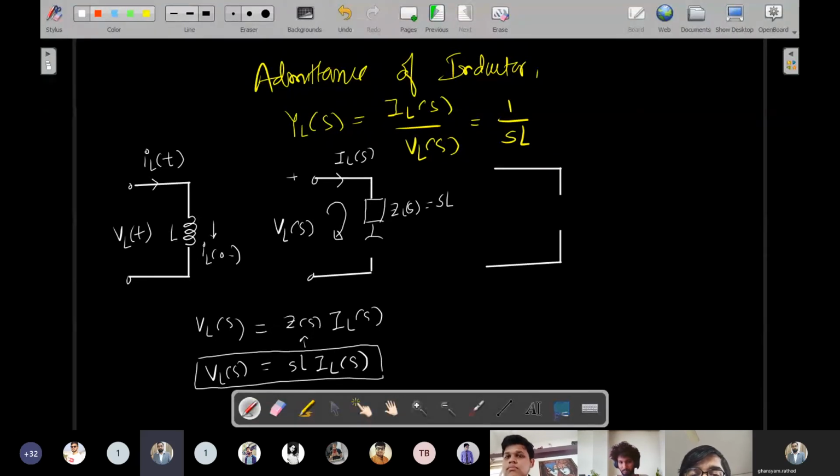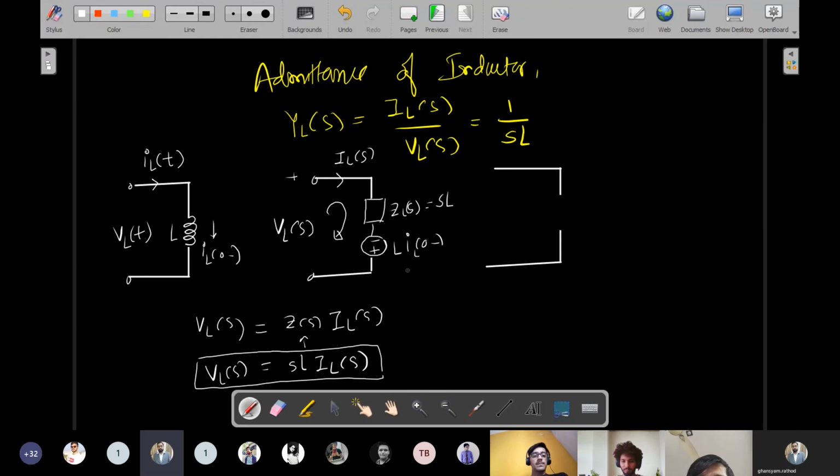The amount of voltage that can be added here, that is a stored one, I am writing here as L I_L at 0 minus. This is what I'm storing and writing. How have I written this? This is from the equation we have derived for the non-zero initial condition.